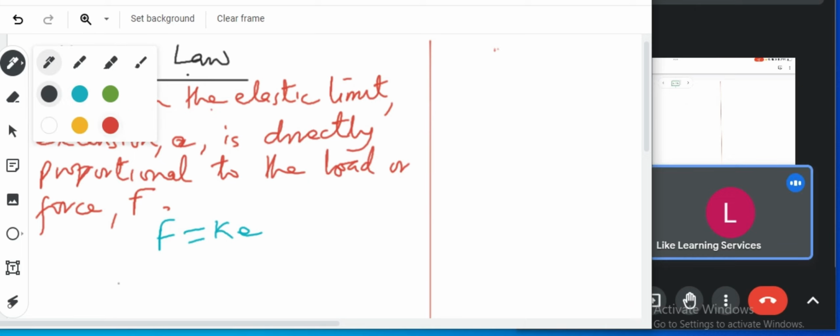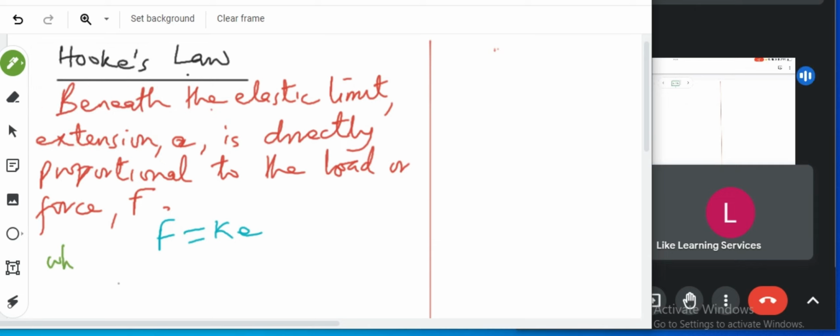Is it the extension or the force? Independent, yes, is the force. Dependent is the extension.